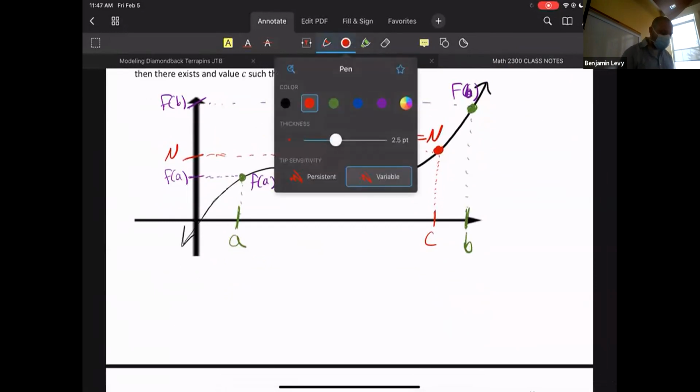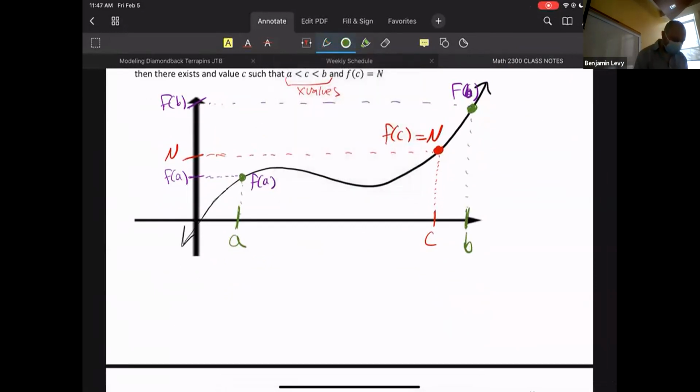And also sometimes people need to look at this later or aren't here or whatever. So the idea is, since the function is continuous, I abbreviate continuous COTNS, since it's continuous on [A, B], and notice how I'm using brackets here, right? Because it's going through those points.